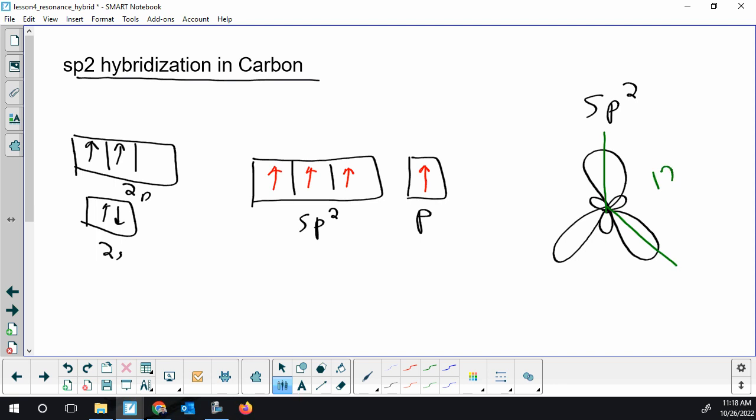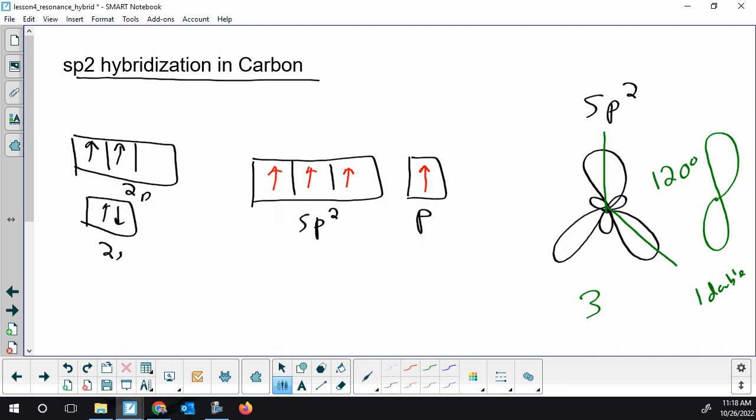So we have a 120-degree bond angle, and it comes out flat. When you spread 3 things out in 3-dimensional space, you don't have something up or down. You get a flat projection. And then you've got a leftover p orbital. So we end up with 3 bonds here, and then we get 1 leftover bond, so we can get a double.